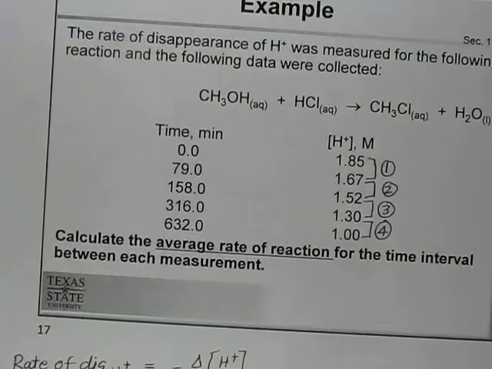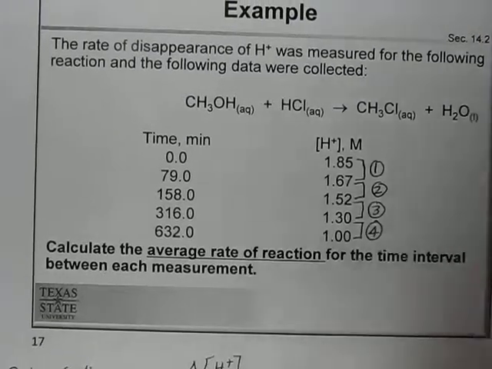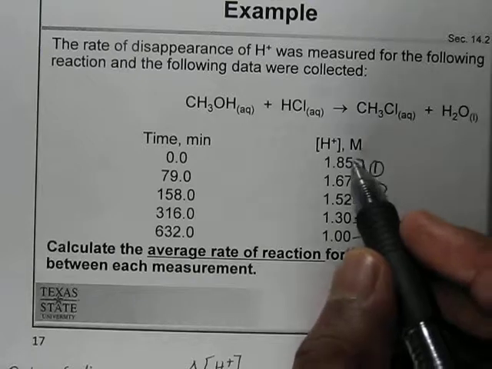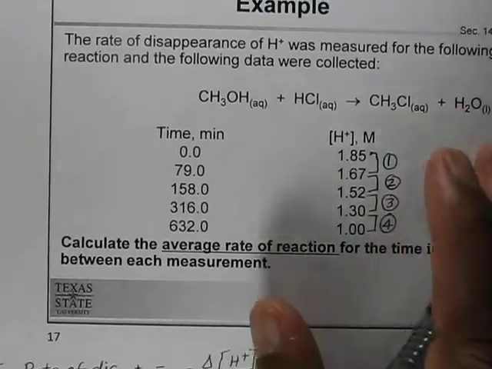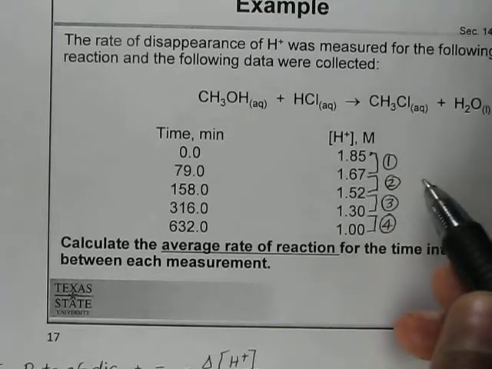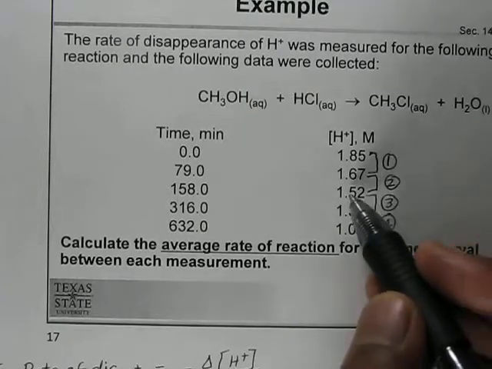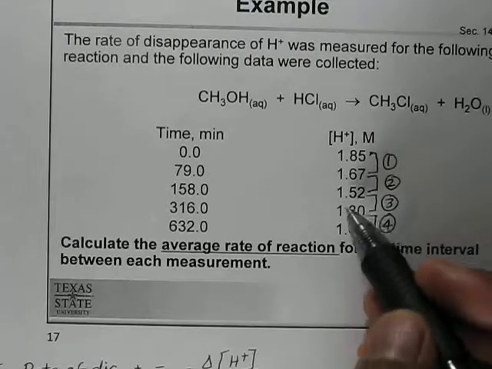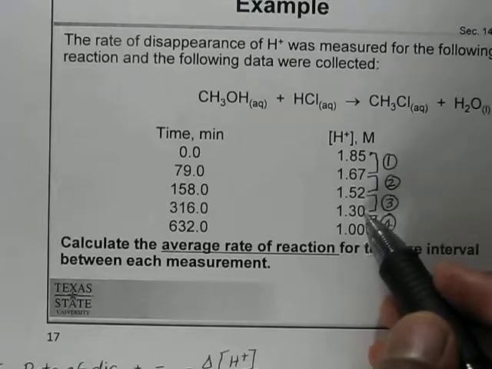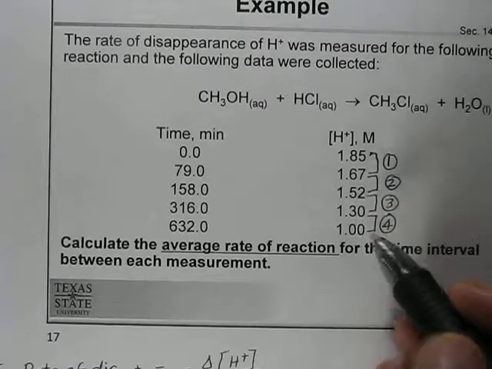So what we will do, we can take these two first. So 1.85 molarity to 1.67, then 1.67 to 1.52, 1.52 to 1.30, and then 1.30 to 1.0.